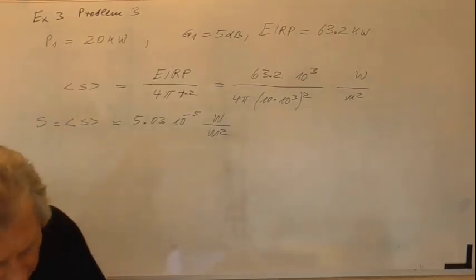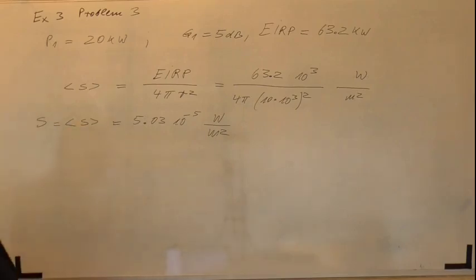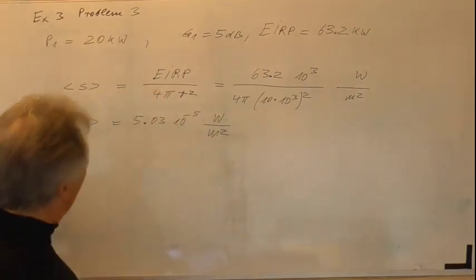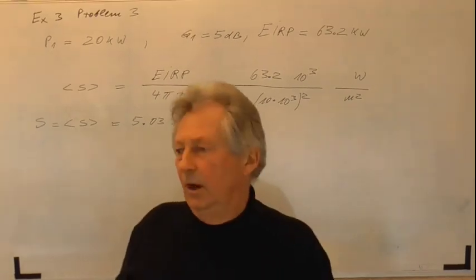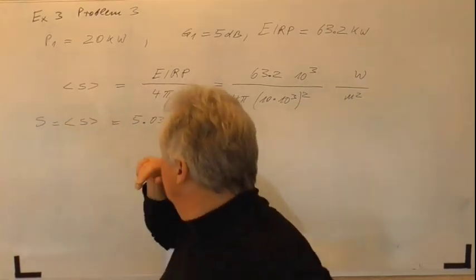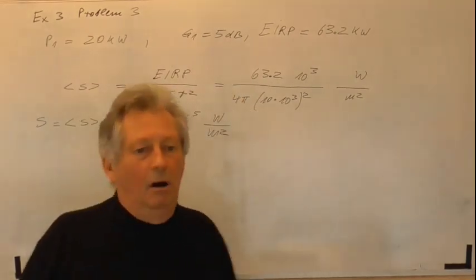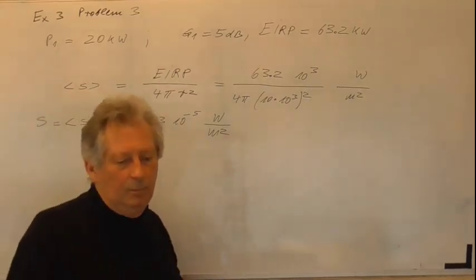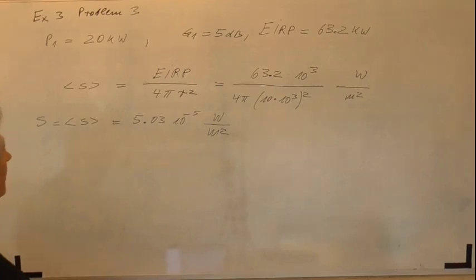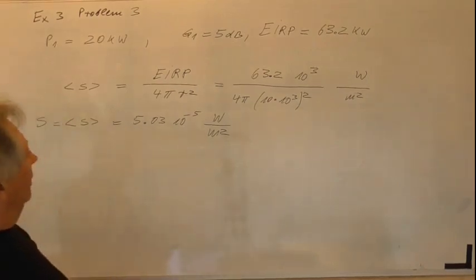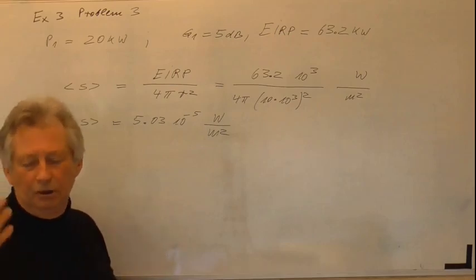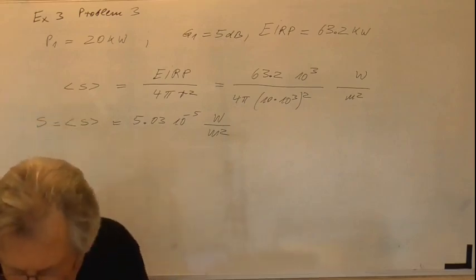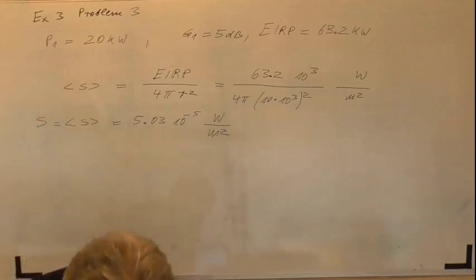If you have a reference to the script, then I should use just S. But why did I do it like this? I'm also giving a lecture on field theory, and there I want to distinguish between the time average pointing vector and the instantaneous pointing vector. But in RF engineering, we normally only use the time average pointing vector. Are there further questions?